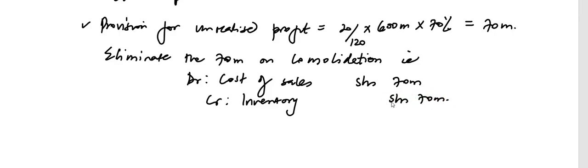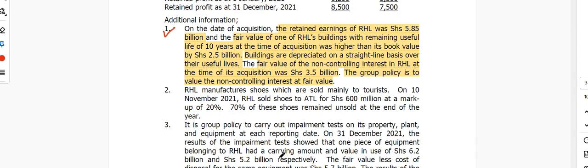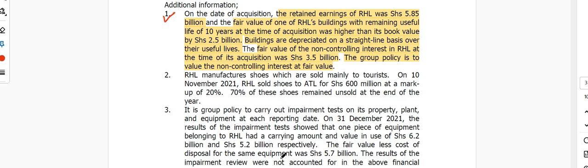Remember, NCI is measured at fair value. So as you're coming up with the working for NCI, they are also affected by this unrealized profit. We have to find out who is selling. This is RHL. RHL is your subsidiary, so NCI will be affected since it's measured at fair value.